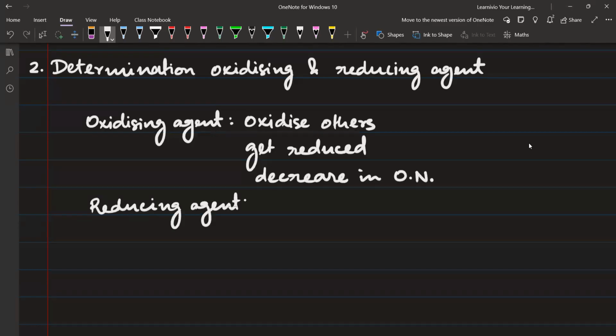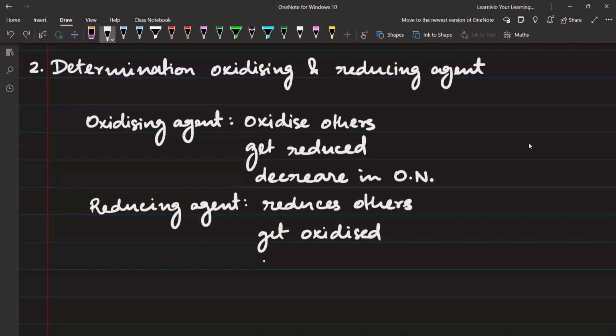Reducing agent reduces others. That means it itself will get oxidized. That means increase in oxidation number. Copy this down.